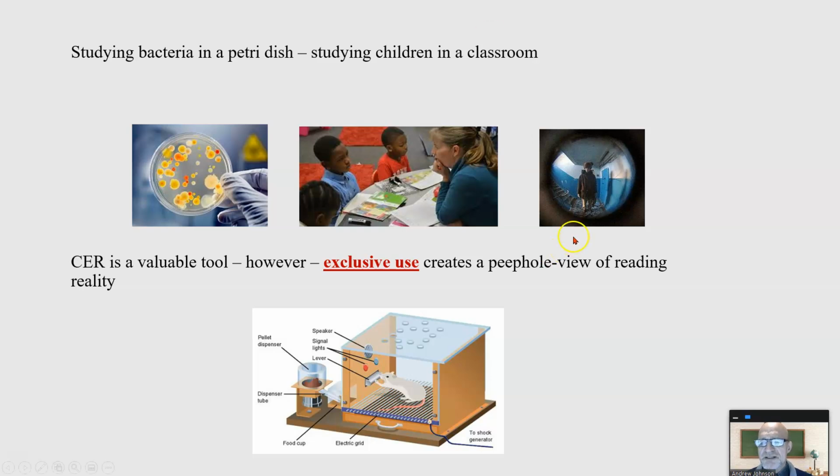You see a little bit clearly, but you miss a whole bunch of data and phenomena outside your little peephole. You cannot use the same methods of science in the physical sciences as you do in the social sciences. We're not studying bacteria in a petri dish. We're studying human beings in a classroom.